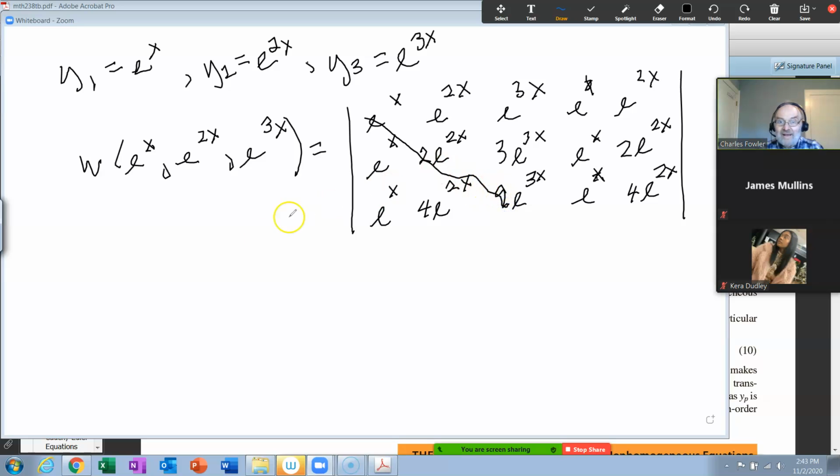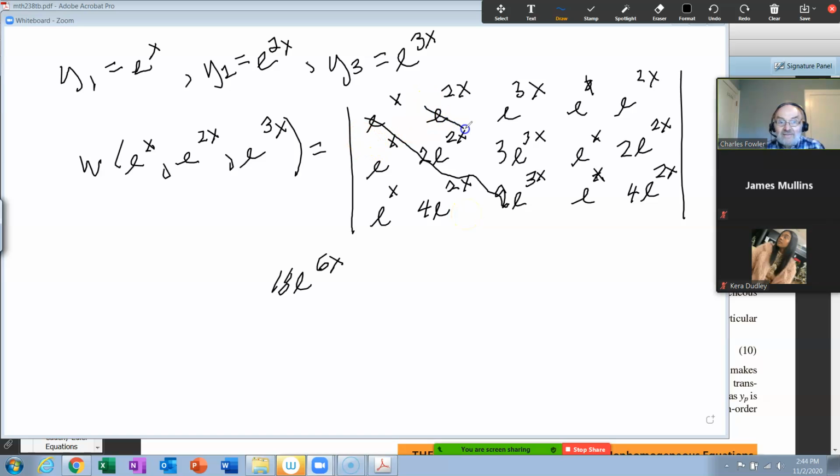That's a pretty ugly diagonal, isn't it? That would be 18 e to the 6x. If you're multiplying exponents with the same base, you add the exponents. That would be e to the 6x. x times 2x times 3x, the exponents add to 6x.